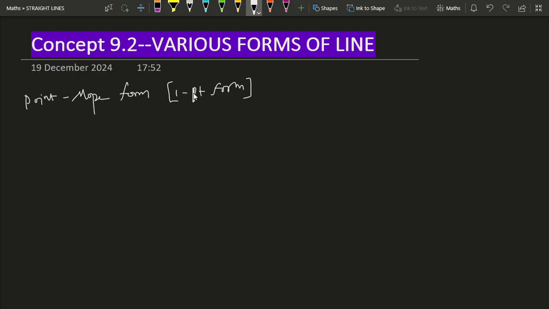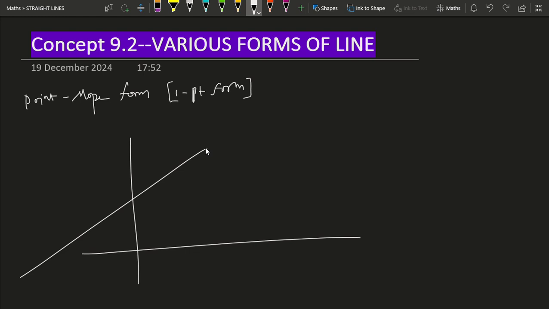What is a point first of all? Before going to that, this chapter is full of graphs because a line lies on a graph. So a simple graph, and this is a line, let us say.